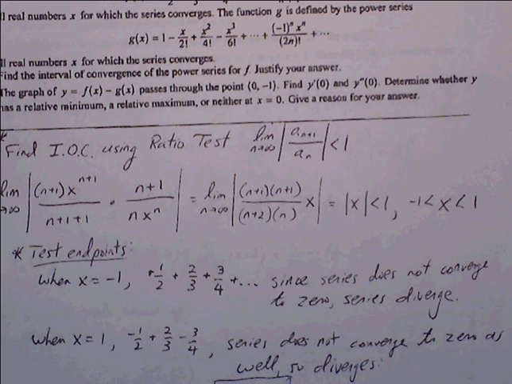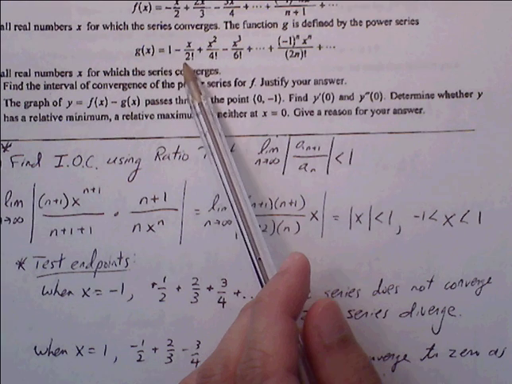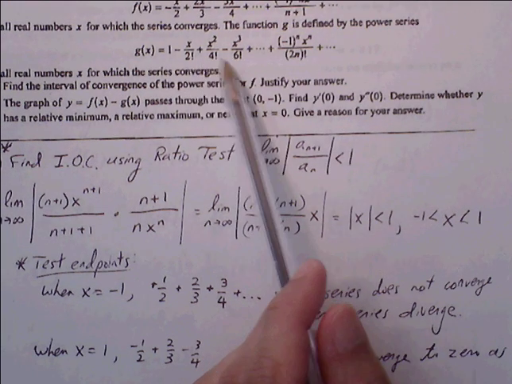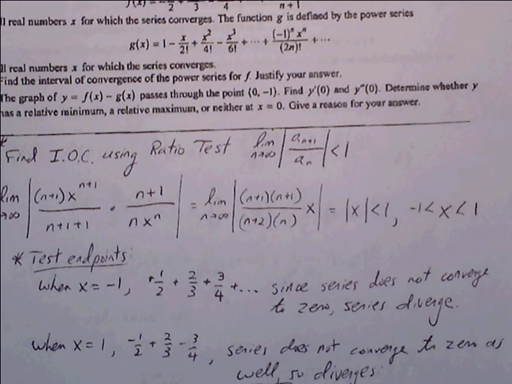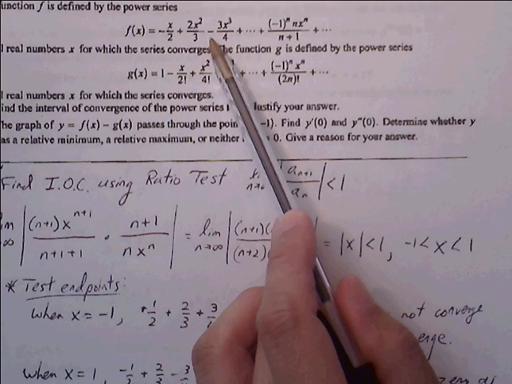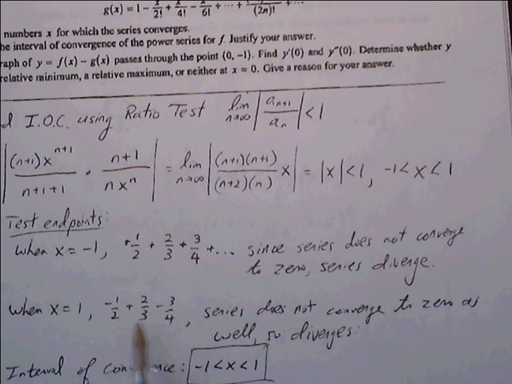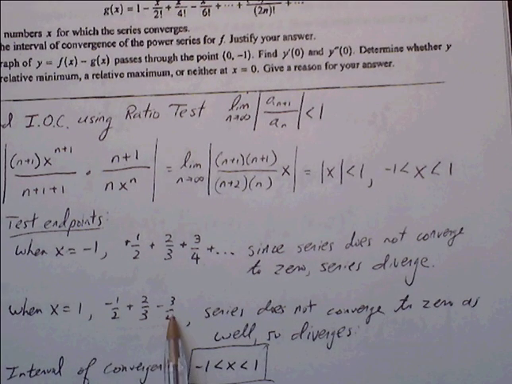Okay, and if we want to test the other endpoint, which is at x equals 1, that would be, oh sorry, the f of x: -1/2 plus 2/3 minus 3/4. And we see that even though the signs are alternating, the alternating series test is not going to work because we still need the sequence to go to 0, and it doesn't go to 0.